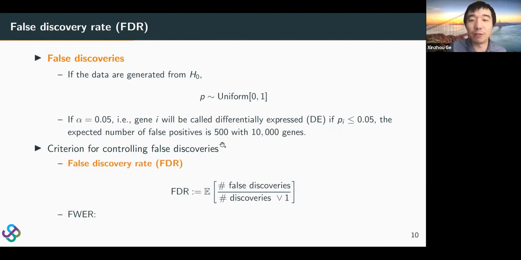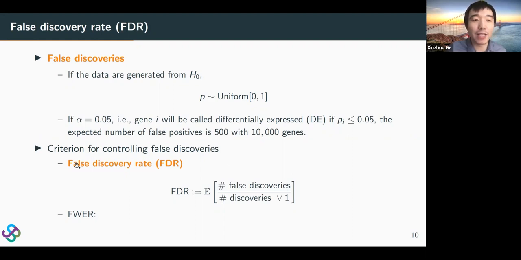For example, if we make 500 discoveries and all of them are false, then the false discovery proportion is 1. Or if we have 100 false discoveries in these 500, then the false discovery proportion will be 20%. And the false discovery rate is the expectation of this proportion.